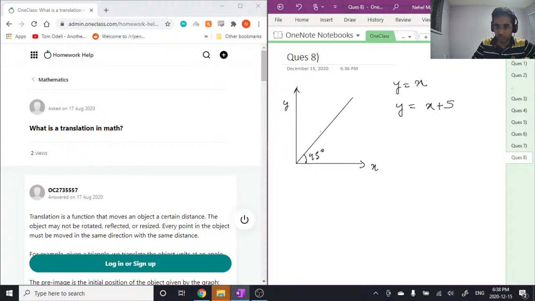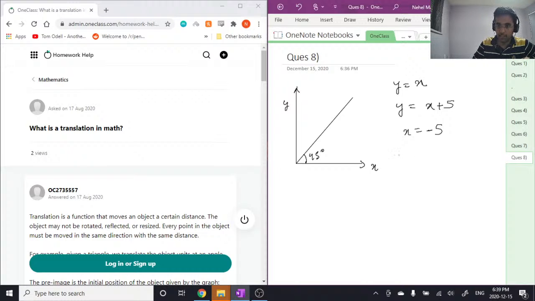So this would cause the function to translate either in the upward or in the downward direction. The easiest way to find out which direction it would translate to is to look at what value of x would make y equal to 0. So for y equal to 0, we would have x equals negative 5, which essentially should tell you that this would have to move to the left hand side.